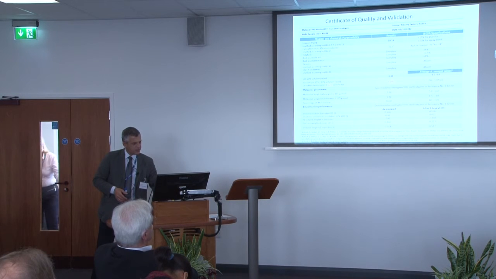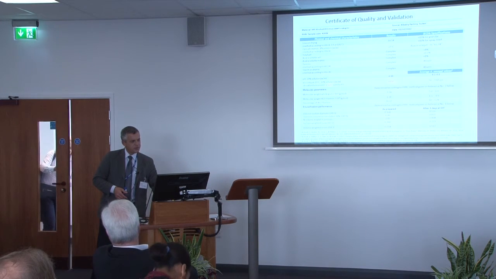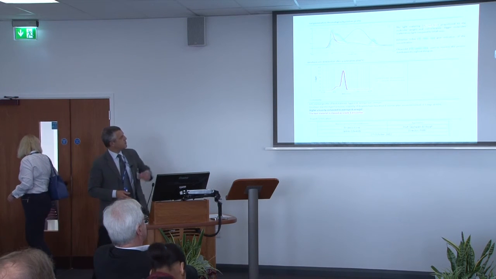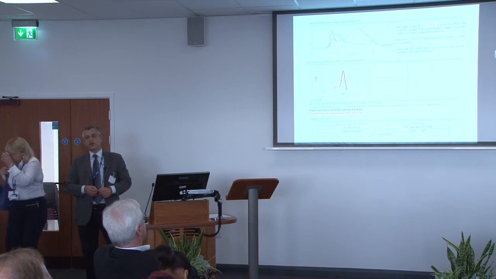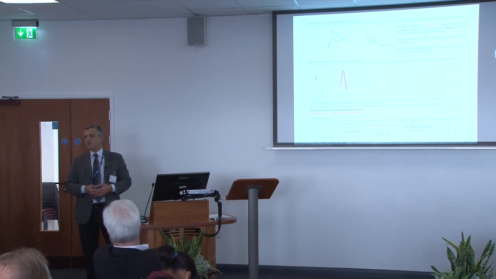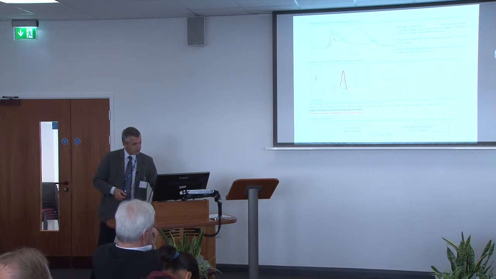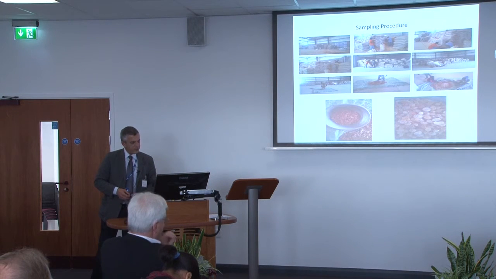And this is the certificate we issue and classify this material according to the quality, and then the company or the user are free to use or to buy whatever product from the various suppliers.